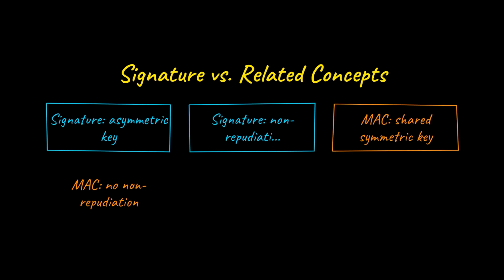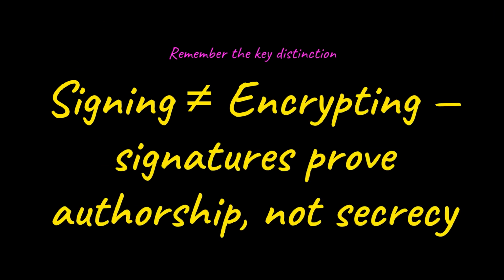There is no non-repudiation. Signatures use asymmetric keys, so only the holder of the private key could have signed. One final point: signing a message does not hide it. The document remains readable to anyone who intercepts it. If a system needs both authenticity and confidentiality, it must both sign and encrypt. These are independent operations.